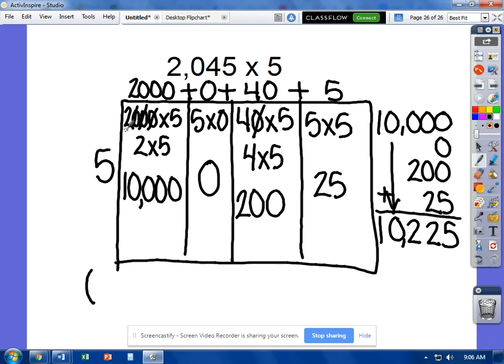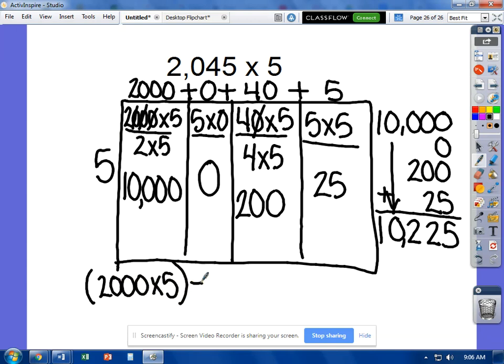Each problem in the boxes would become its own separate parentheses. So in my first box, I have 2,000 times 5.